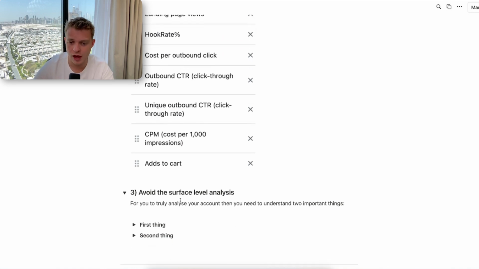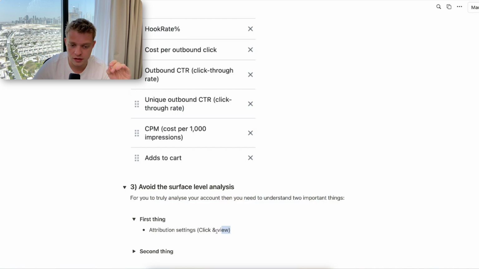So one thing that you absolutely want to do is avoid the surface level analysis. A lot of businesses look at ROAS and CPA and they're like, okay, this is either good or it's bad. We're either hitting target or we're not hitting target. So there are two things that you need to understand when you're trying to analyze your ad account on Meta.